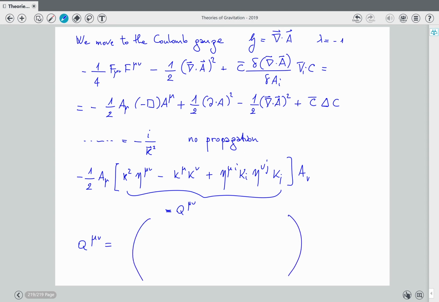So the Q00 is k squared minus k0 k0, and nothing else, because when mu is 0 or nu is 0, that's 0.